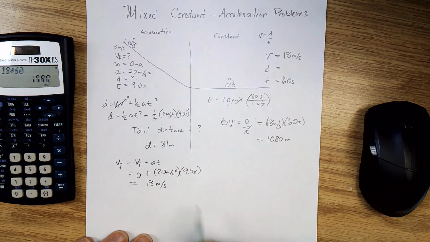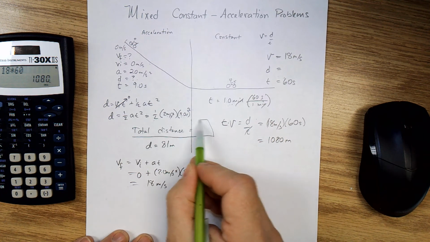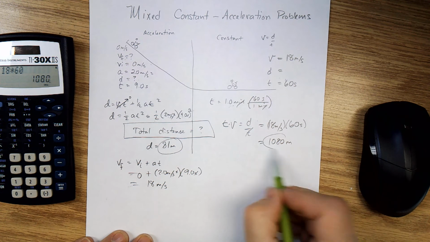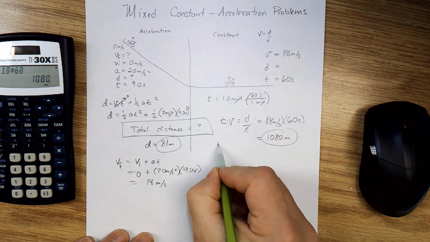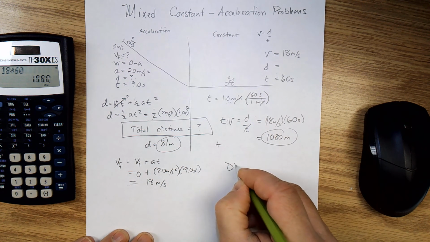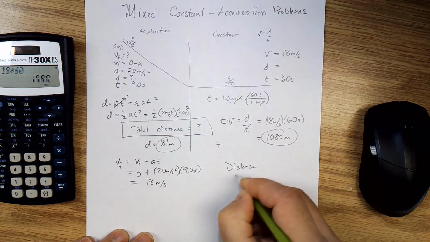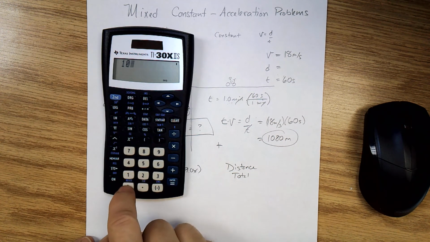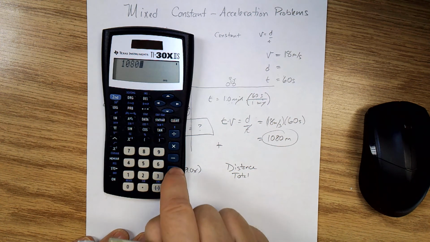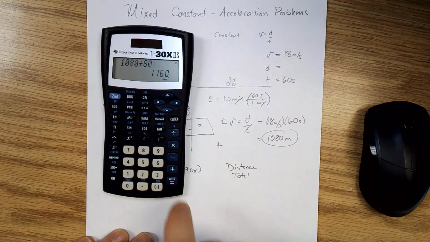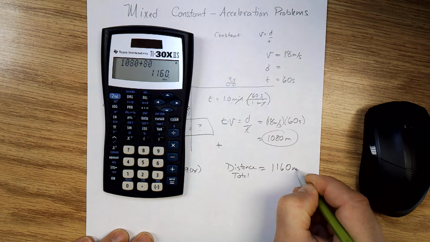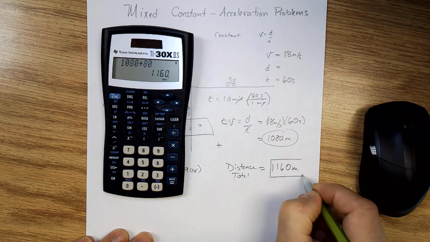To find the total distance, which was my goal, I add this number and this number. So we have 1,080 plus 80 more, giving 1,160 meters total in this problem.